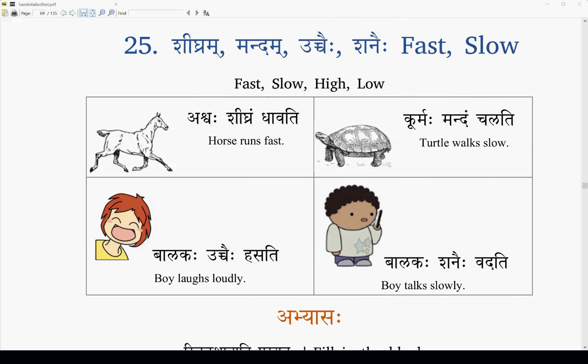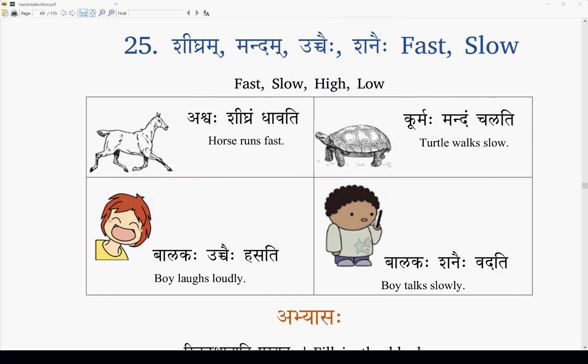Okay, so talking about Shanaihi, Balakah Shanaihi Vadati, Shanaihi is Avyayam, and if you want to say Balakah Sundaram Vadati, that means he is talking beautifully. That Sundaram remains Ekavachanam, but it is Dvitiya Bhakti of Sundara, and it is assumed to be Napunsakalinga, because it is not associated with any Namapadam.